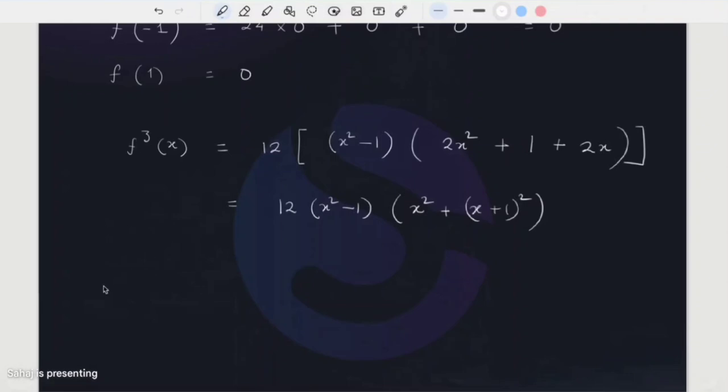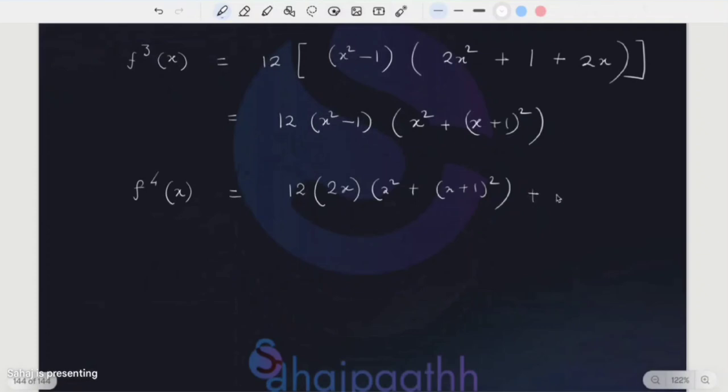Now you take another derivative. You don't even need to do this because this will give you 0 if you put in plus minus 1. So only this part will count.